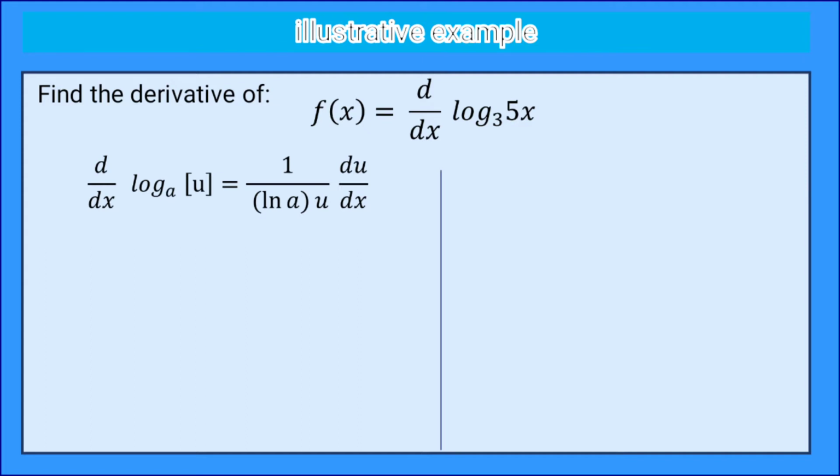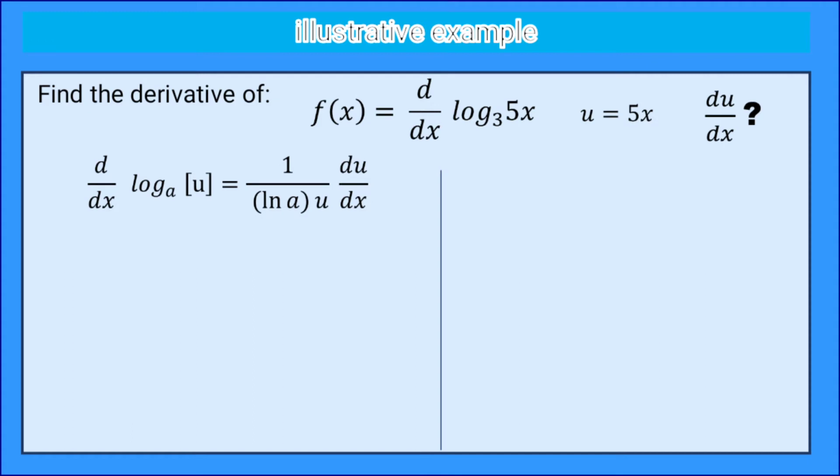Of course, we can get the derivative by using this theorem: d over dx of log base a of u is equal to 1 over ln a times u, then times du over dx. It means we also need to get the derivative of the u, or the function itself. It's very clear that our u is 5x. And then what will be our du over dx?